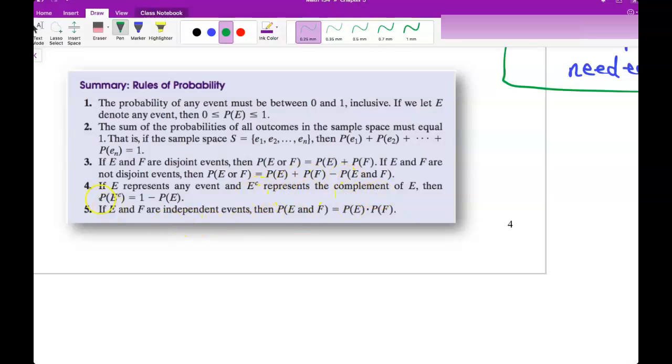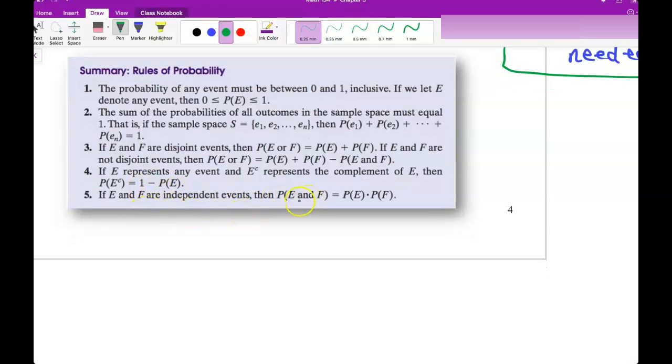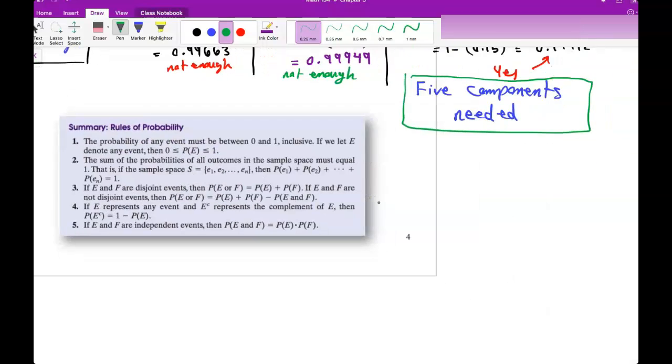For complements, the probability of the complement of this event is equal to 1 minus the probability of E. And the last one that we covered was for independent events: the probability of E and F is equal to the probability of E multiplied by the probability of F. Okay, so I finished this part.